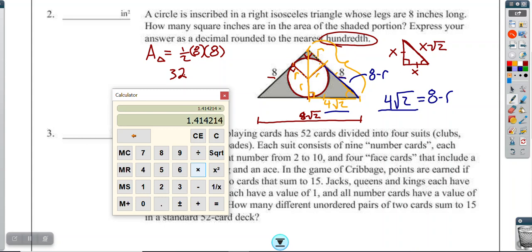I'm going to multiply that by 4, and so here is the length of that side, or half the hypotenuse of the big triangle. And then I'm going to subtract 8 from it because I'm trying to solve for r. And so that gives me negative r is equal to this decimal. So multiply by negative 1. So I have my radius. Whoa, that's really big. So there's my radius.